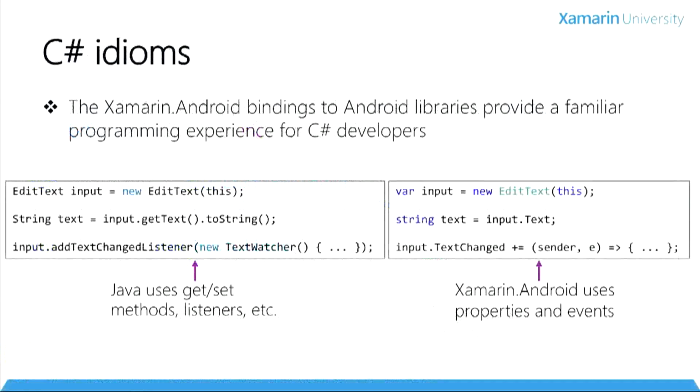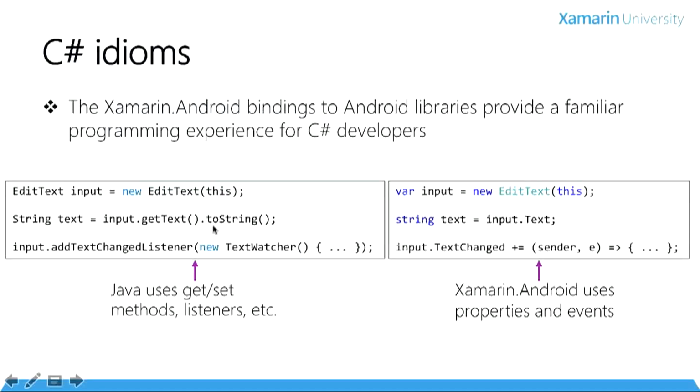When Xamarin wraps the Android libraries for you, they build classes that are going to look and feel familiar to C# developers. The Android native types are written in Java, and they tend to use patterns like get and set methods. So for example, here's a class on the left called editText. This is a text input control. It's going to have methods like getText and setText.